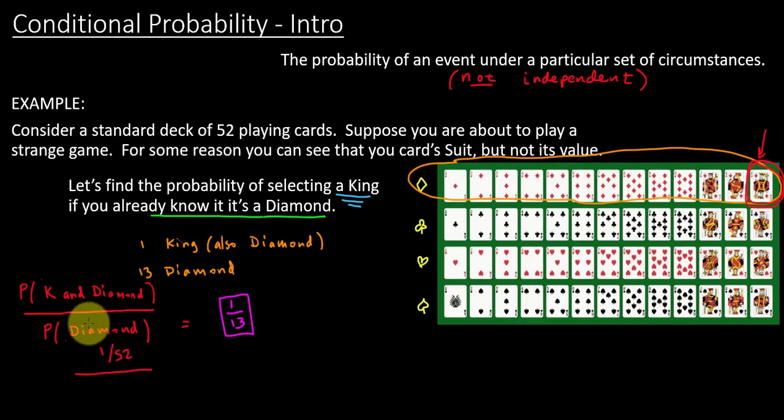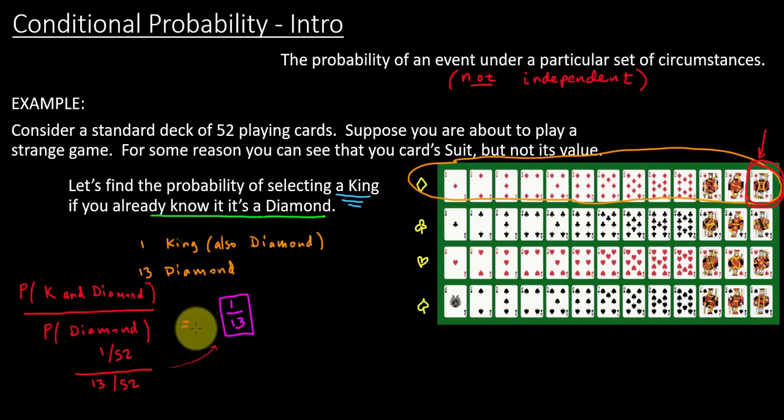And how many diamonds are there? Well, there's 13 diamonds out of the 52 cards. Those divisions by 52 would cancel, and you would certainly arrive at 1 over 13.